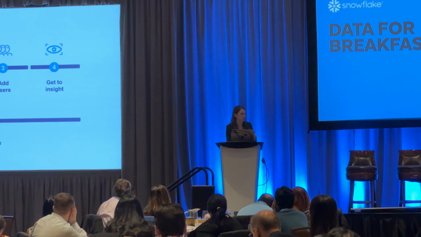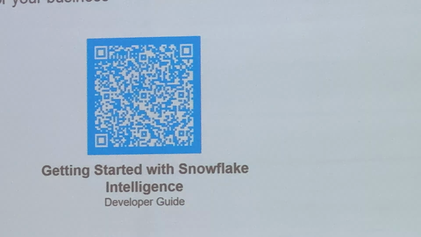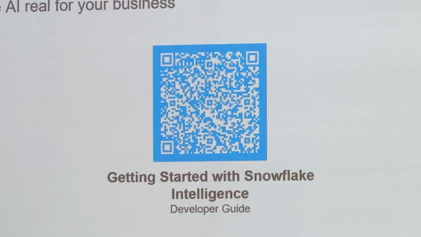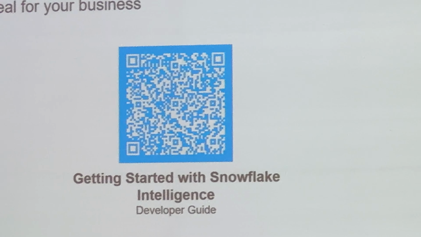This is not like you build this enormous thing right from the start. You start with an agent, you start with an analyst, you start with the service, and you continue to grow it and iterate as your users access it and give you feedback, and you end up with something that's very, very useful to them. We talked a little bit about Cortex code, and if you're interested in starting with Snowflake Intelligence, here's a guide to do that.